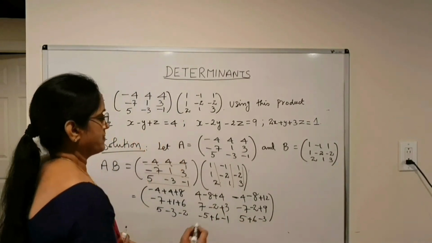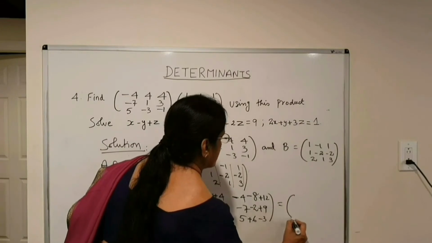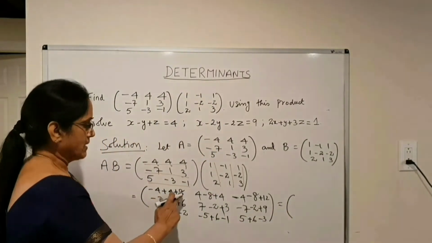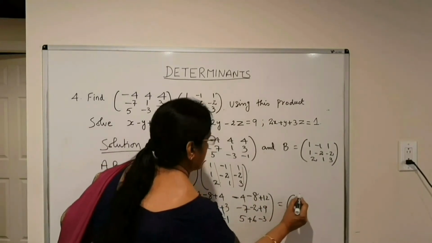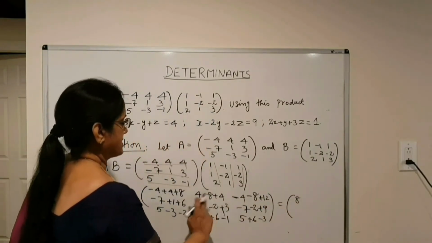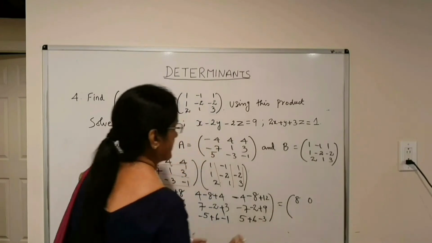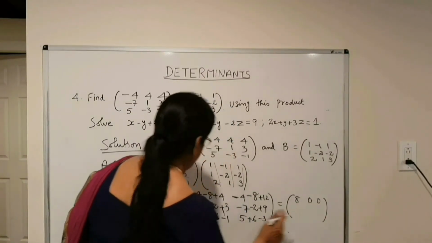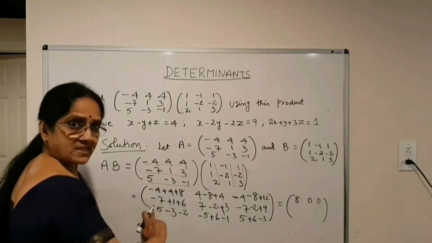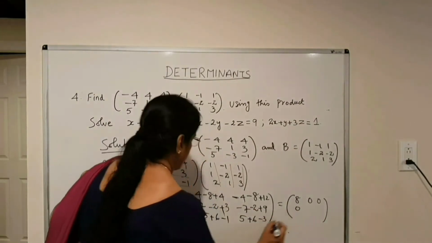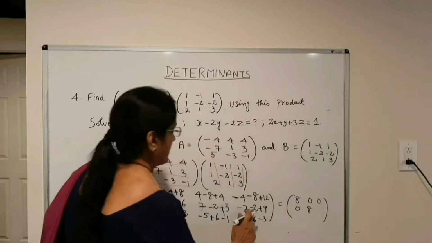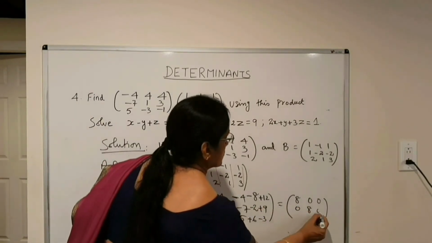Now, this is nothing but, simplify. See, plus 4 minus 4 will get cancelled, you will be left with only 8. Then, 8 minus 8, 0. 12 minus 12, 0. Here, 7 minus 7, 0. 10 minus 2, 8. 9 minus 9, 0.